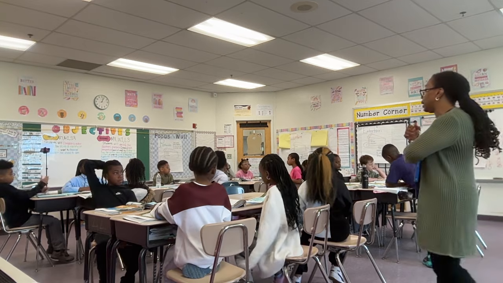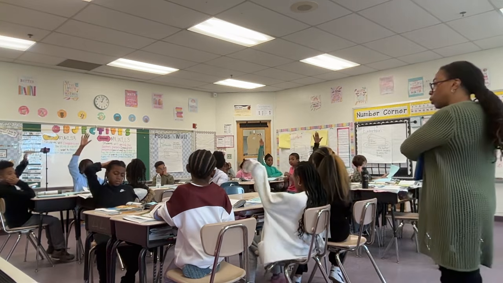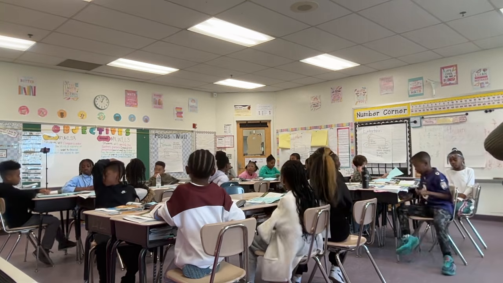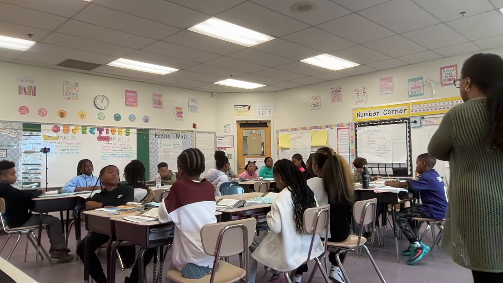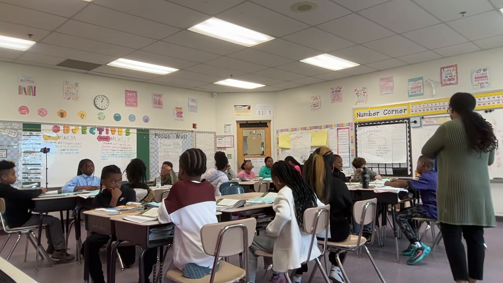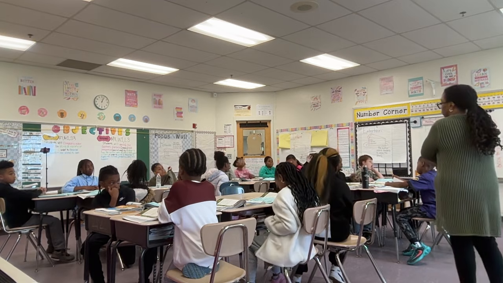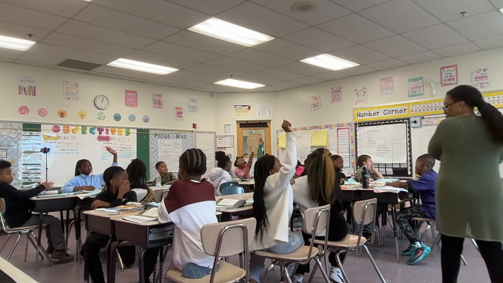Who can tell me what a claim is? Michael, what's the author's claim? A claim is like a personal opinion about something. Their opinion, their stance on something. All right? Reason and evidence does what with the claim? Sage?